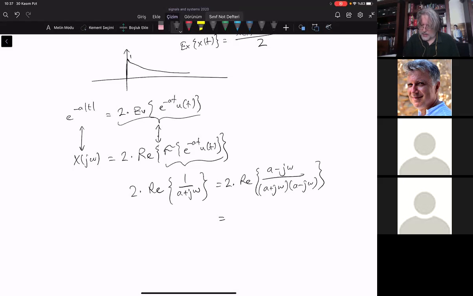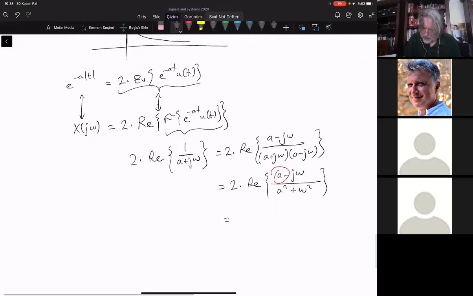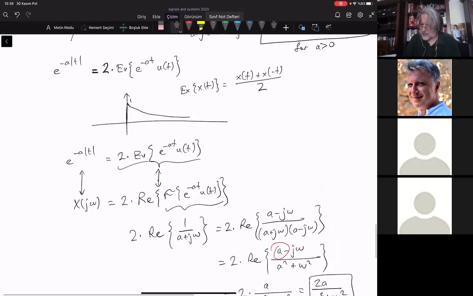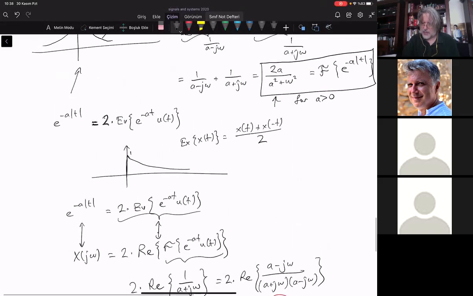And it is therefore twice the real part of a minus j omega divided by a squared plus omega squared. And the real part only picks this one, a. So it is 2 times a divided by a squared plus omega squared, which is 2a divided by a squared plus omega squared. Now look at this boxed thing and this one. They are the same.